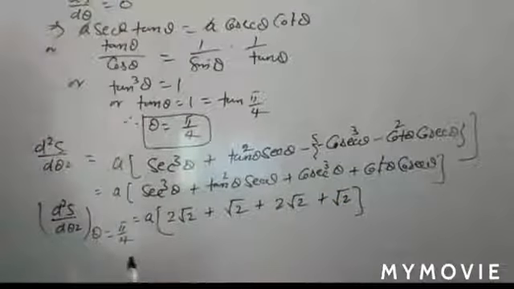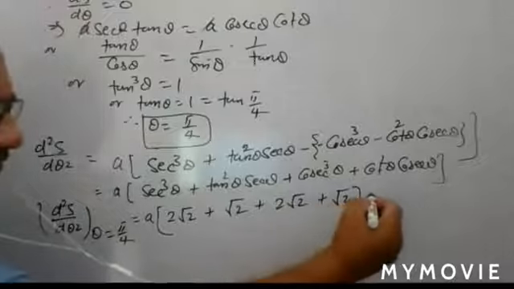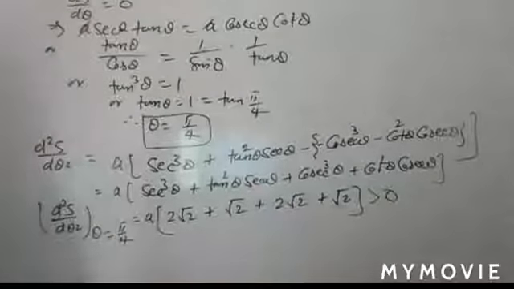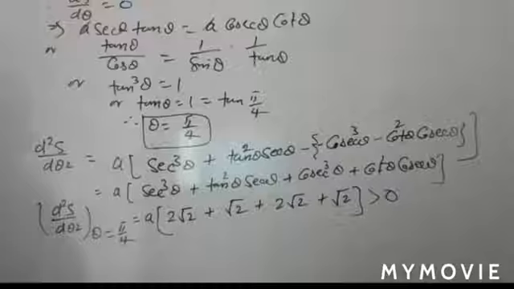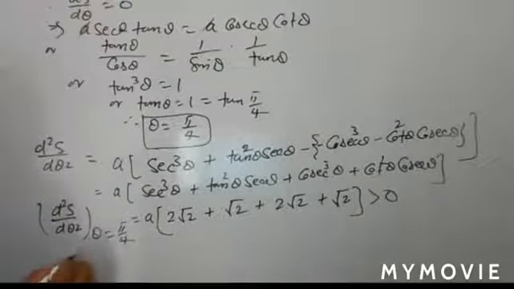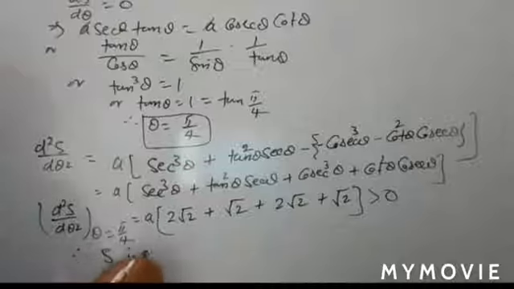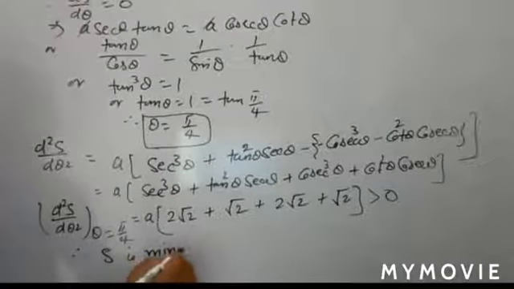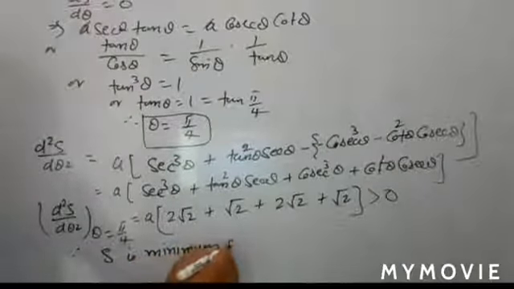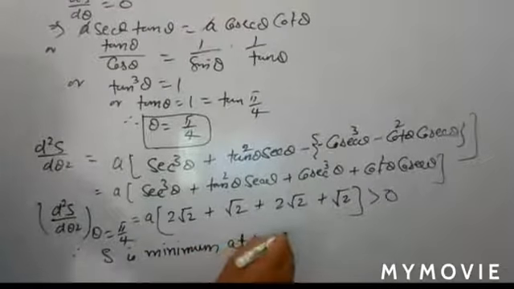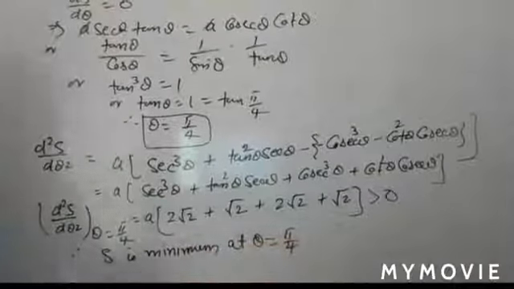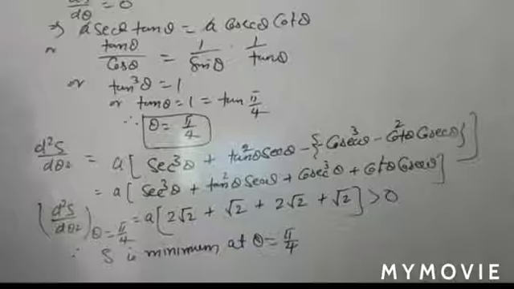So all its terms are positive, so that is greater than 0. So the second derivative at theta is equal to pi by 4 is greater than 0. Hence S is minimum at theta is equal to pi by 4.